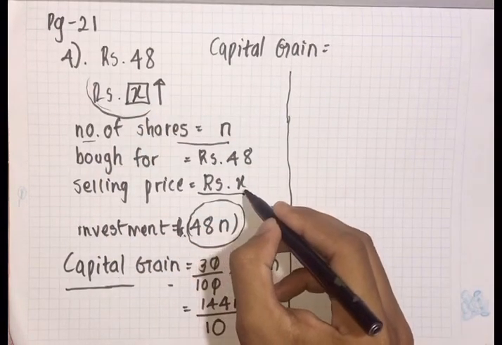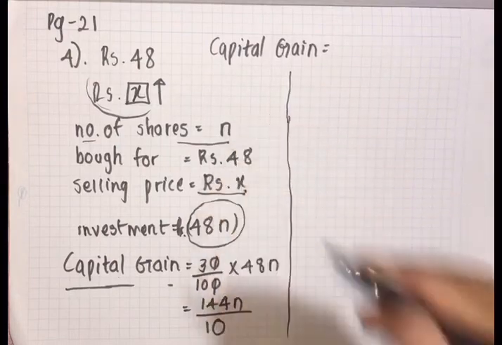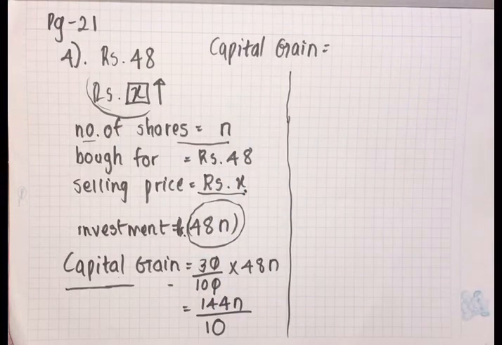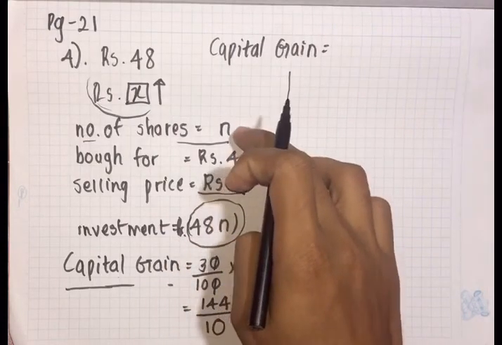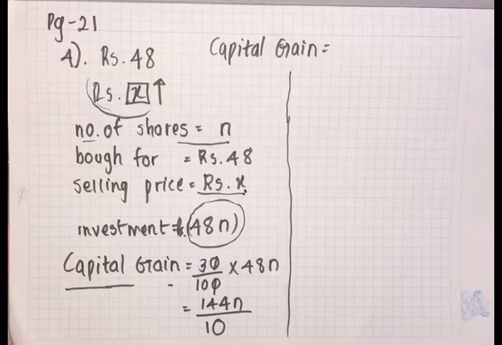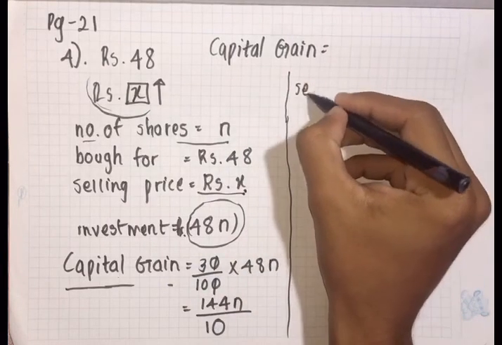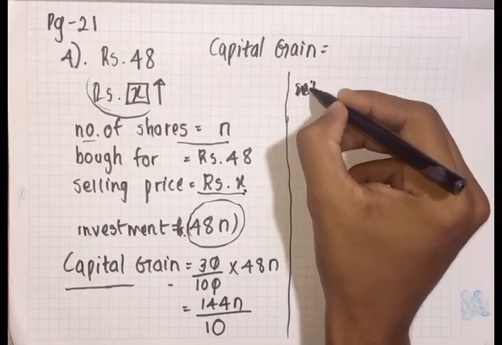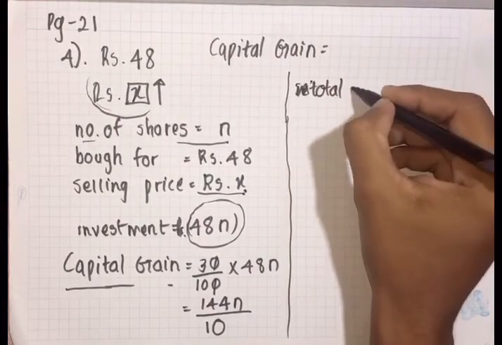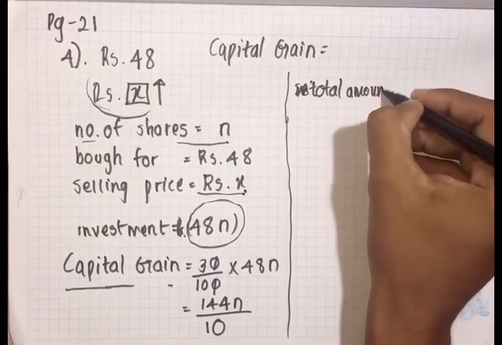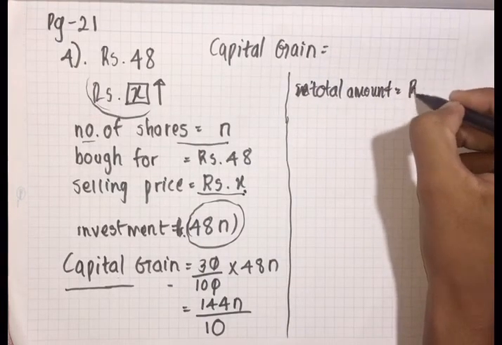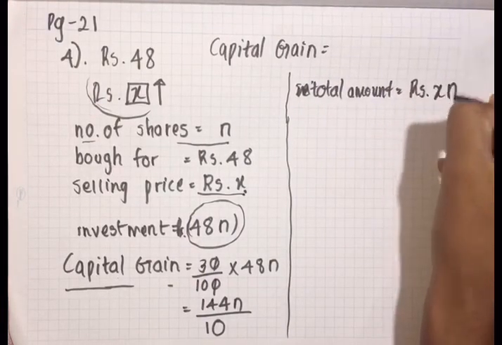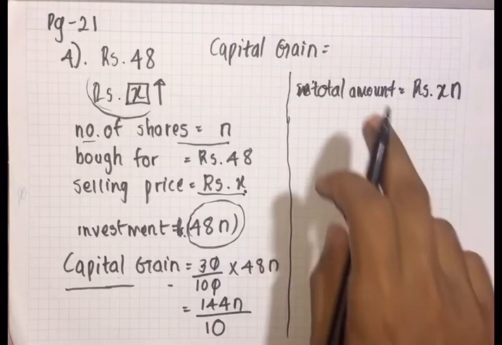How many shares did he have? Altogether he had n shares. Therefore, the total value he gets by selling all the shares is the selling price of a share multiplied by the total number of shares. So the total amount he gets is x into n, that is xn.